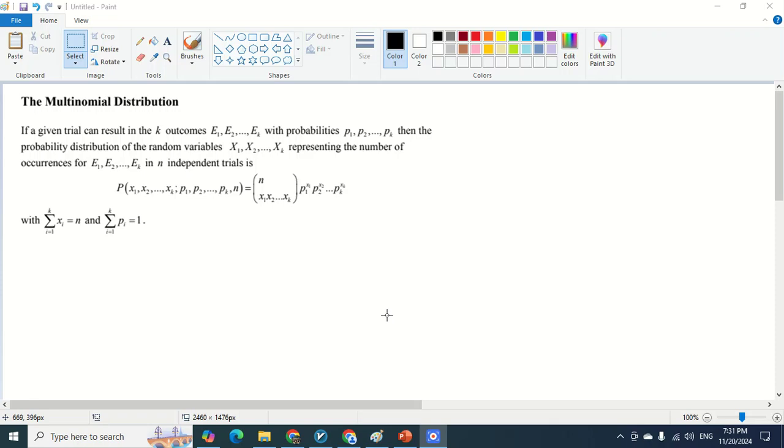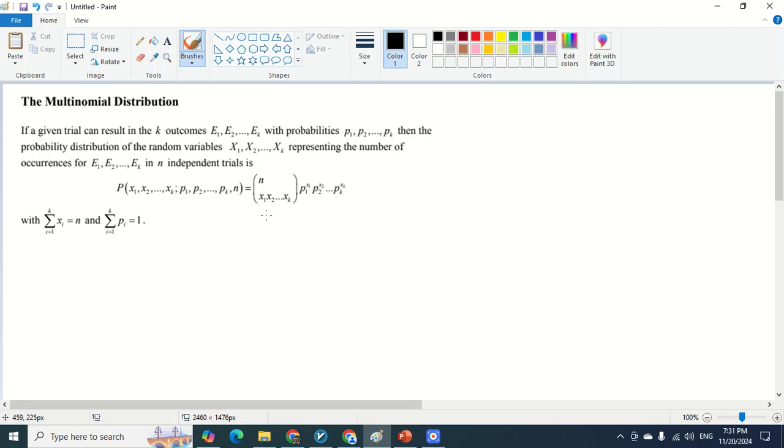In the definition, we have the following. If a given trial can result in k outcomes, e1, e2 up to ek, which are events whose probabilities are respectively p1 up to pk, then the probability distribution of the random variables x1 up to xk, representing the number of occurrences of e1 up to ek in n independent trials, is equal to the following expression.